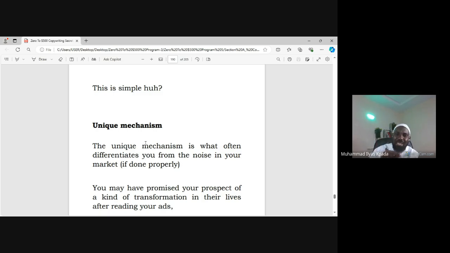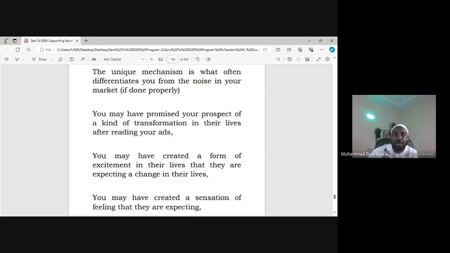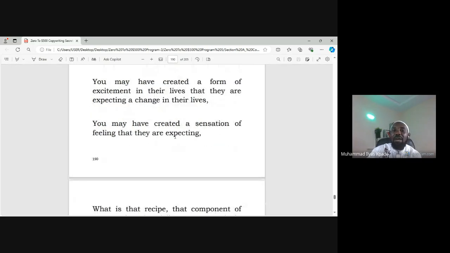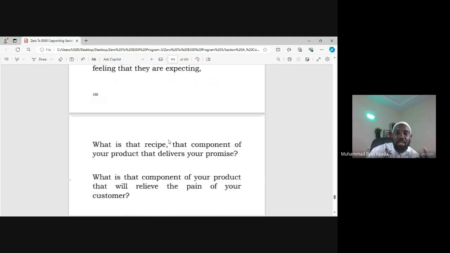So the unique mechanism is that particular recipe, that component in your product that delivers the promise you have made. Your prospect expects a kind of transformation in their life after reading your ad. You may have created a form of excitement, a sensation they are expecting.